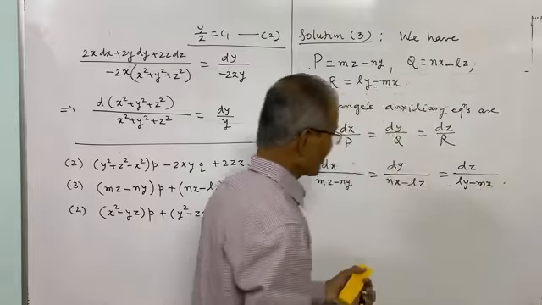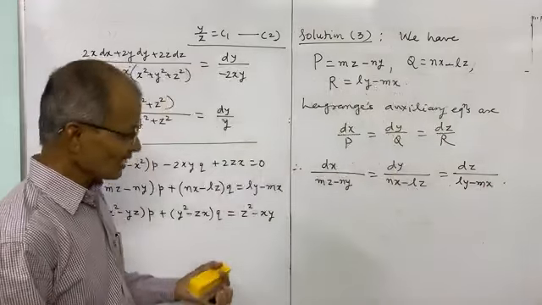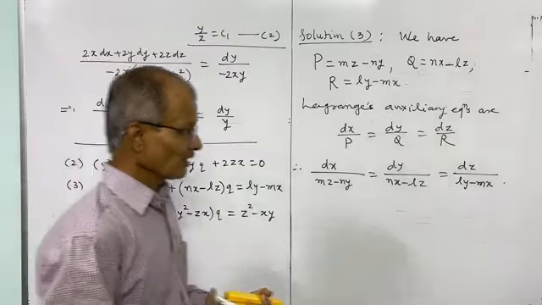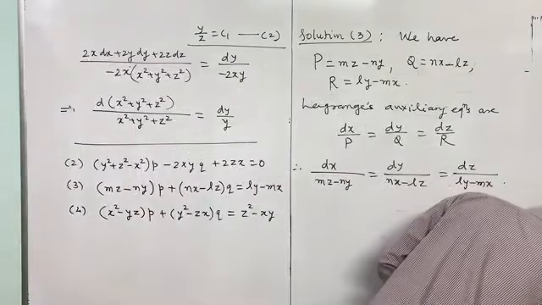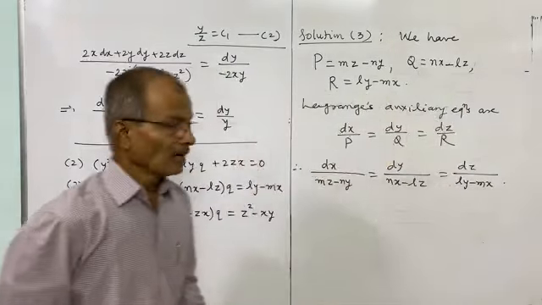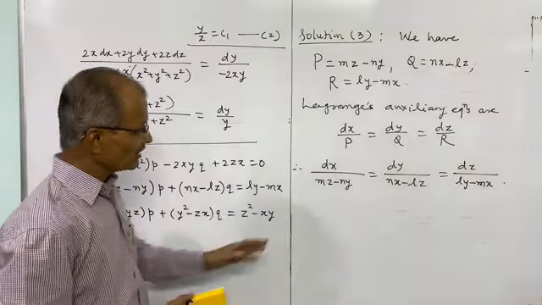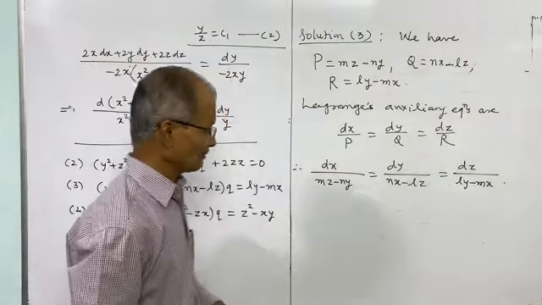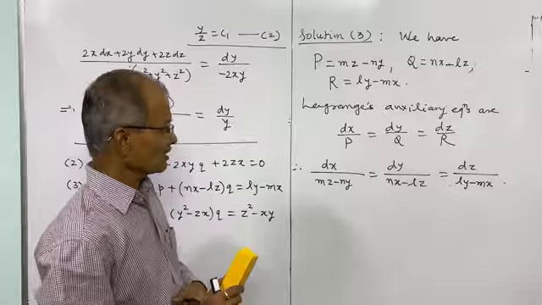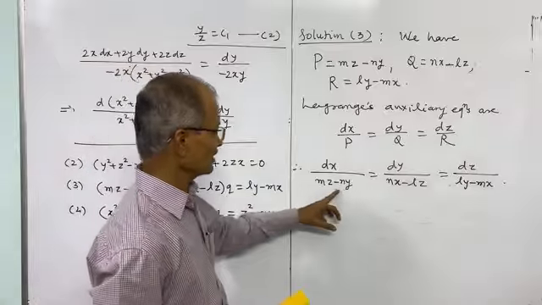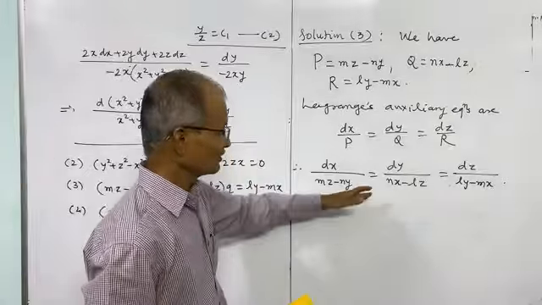Now again this is to be observed. Whether equating any two ratios is helpful. Equating any two ratios doesn't help us, because there are terms of x, y, z again, which cannot be cancelled.